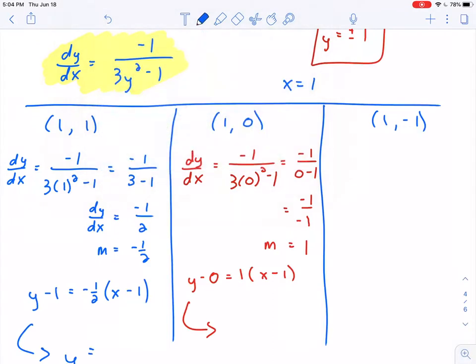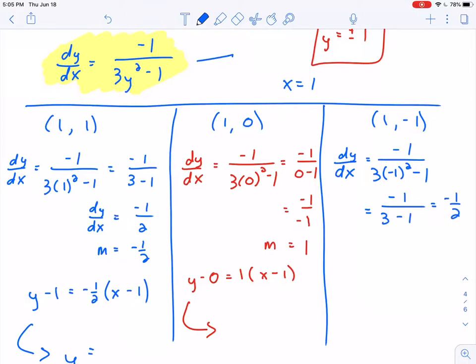Lastly, over here, (1, -1). Again, I have to go back to this derivative that I found earlier because I've got a different ordered pair. So dy over dx is equal to -1 all over 3 times y, that's -1 squared, minus 1. -1 over 3 minus 1, this is -1 over 2 once again.